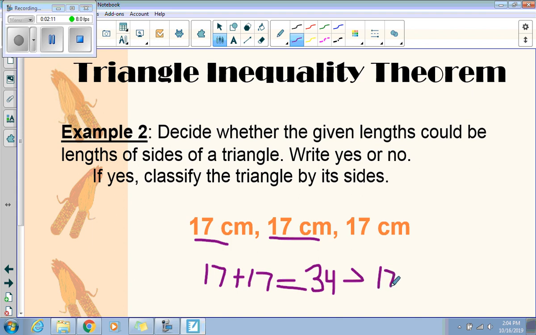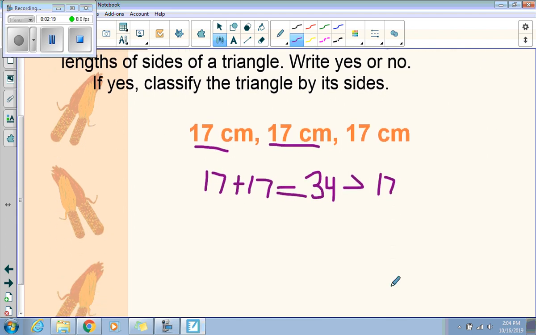Okay, it is definitely greater than 17. So if it's greater than 17, then we have a triangle, and this would be an equilateral triangle because all of the sides are equal.